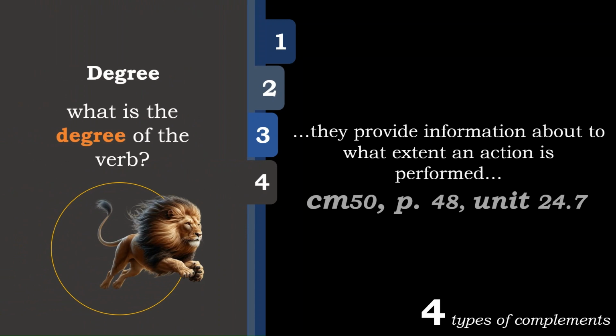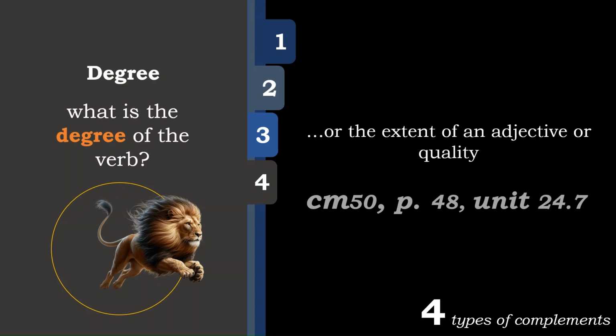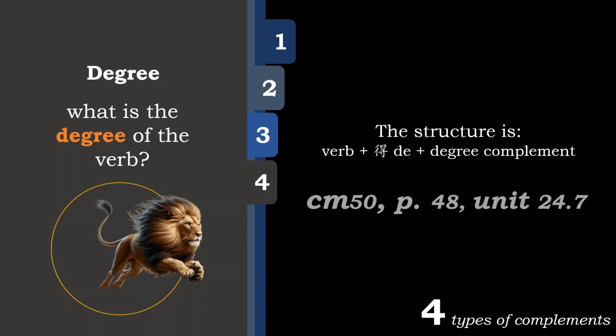They provide information about to what extent an action is performed or the extent of an adjective or quality. So the structure is verb, 得, and degree complement. And as mentioned, we can also use it with adjectives, in which case the structure would be adjective, 得, degree complement. Let's first see how it works with verbs.